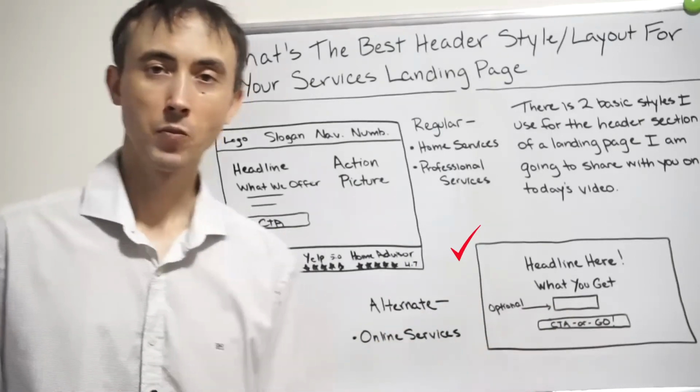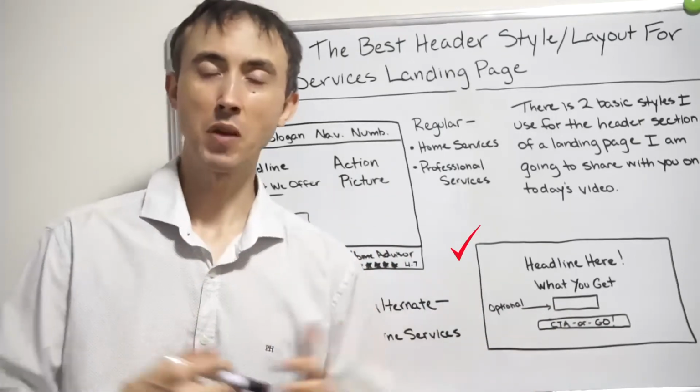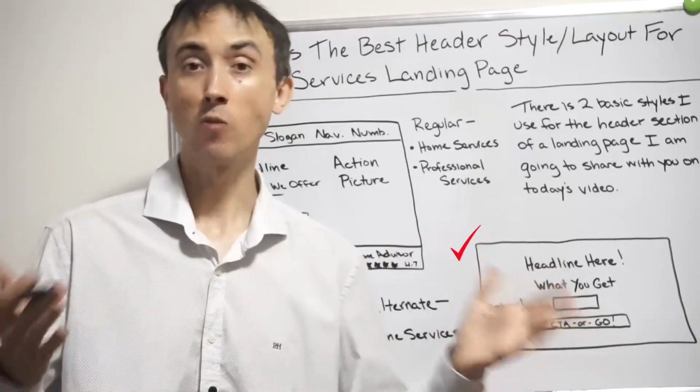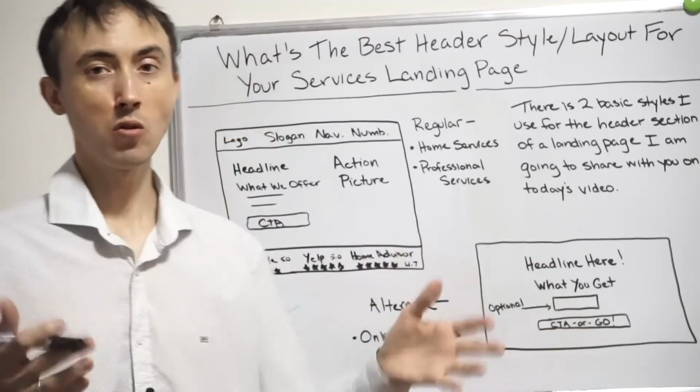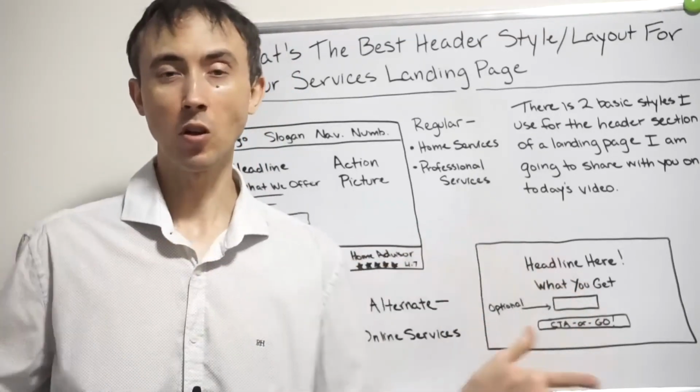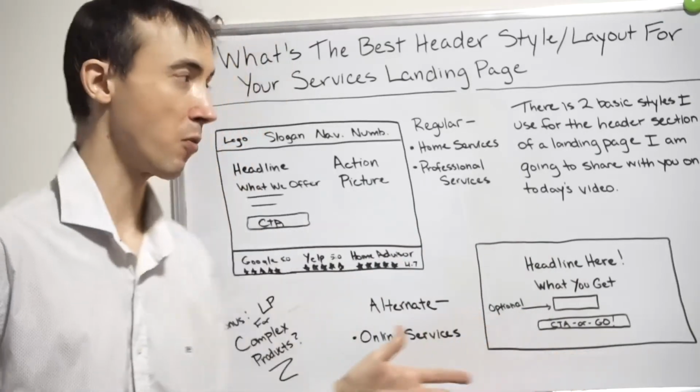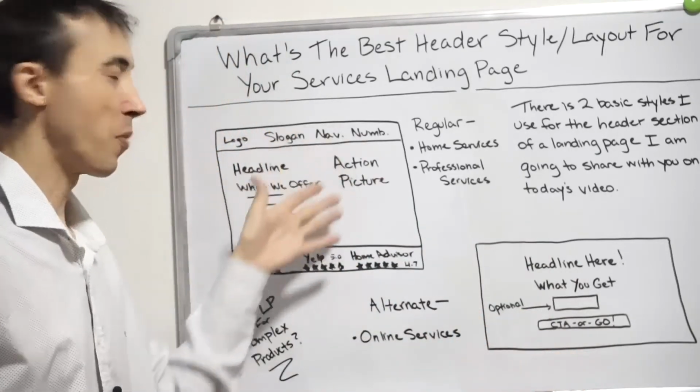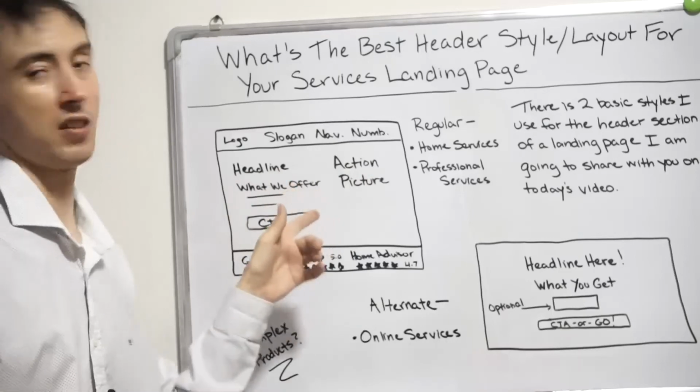For product pages, it varies a little bit based upon mainly just how technical the product is. Is it like a drone where nobody knows anything about drones and I've really got to break it down for them? The top of the page may actually not follow this exact formula.